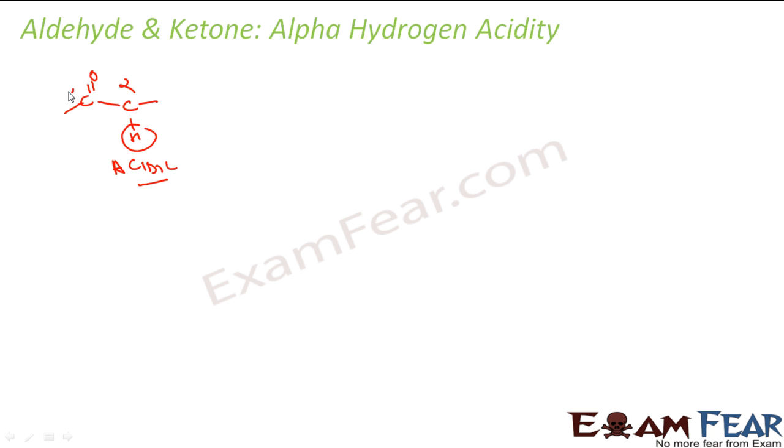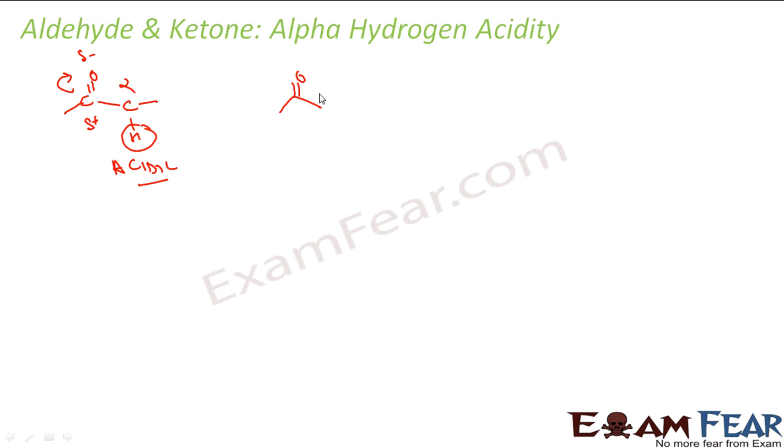Why? See, this goes off, this becomes slightly negative, this becomes slightly positive. Since this becomes slightly positive, this has a better chance to leave. That is one. Also, if you remove this, it is more resonance stabilized. Let's suppose H plus is gone from here.